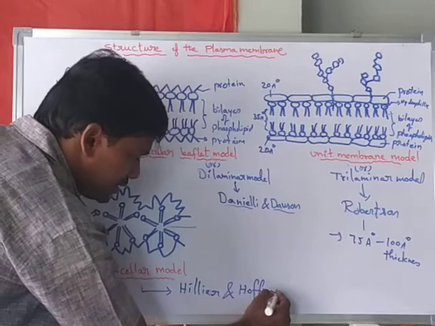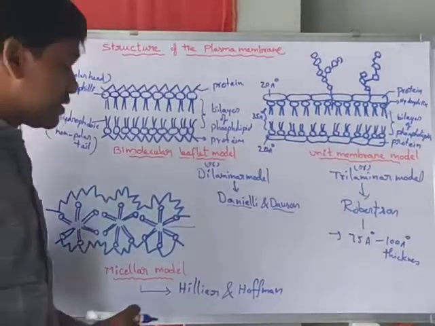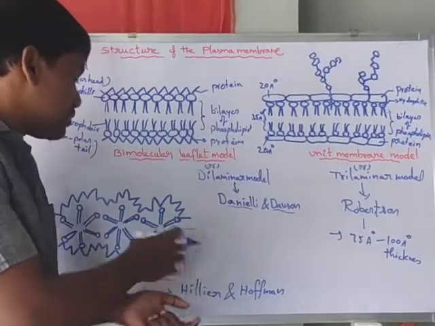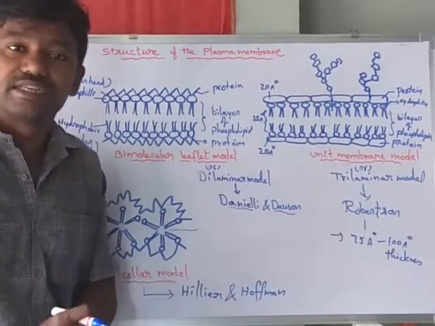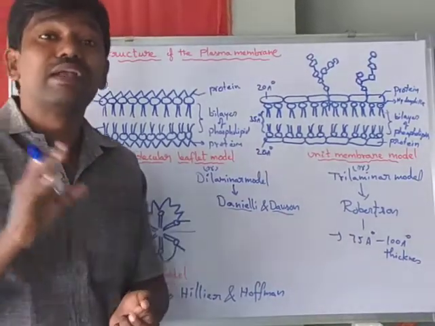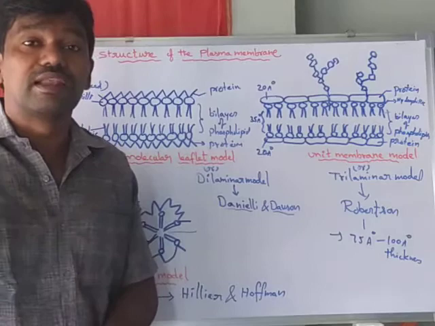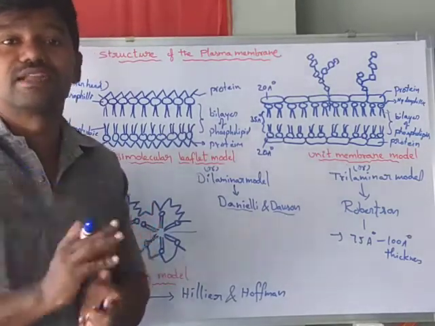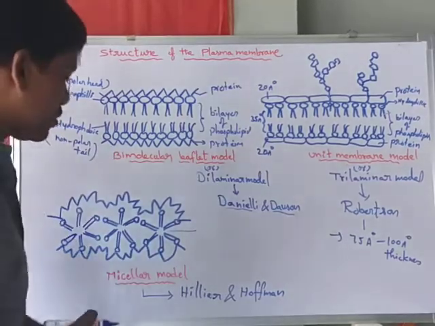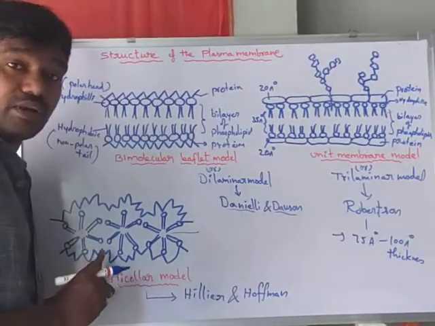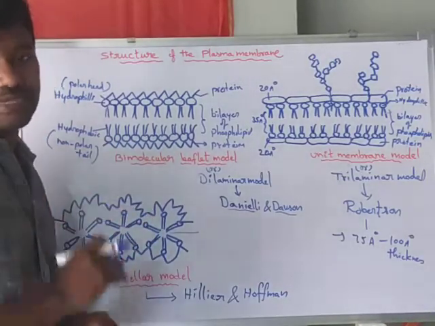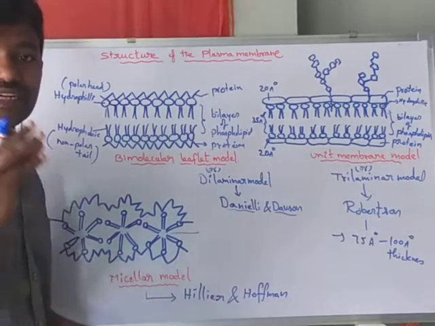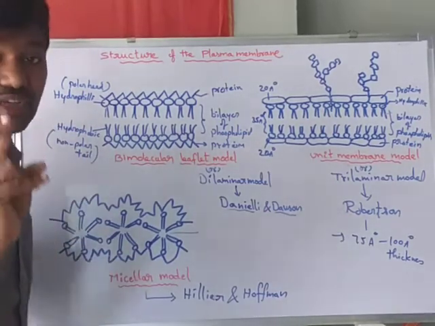These two scientists suggested that the plasma membrane is a non-lamellar model. The plasma membrane is a globular-like structure, containing globular subunits of phospholipids.